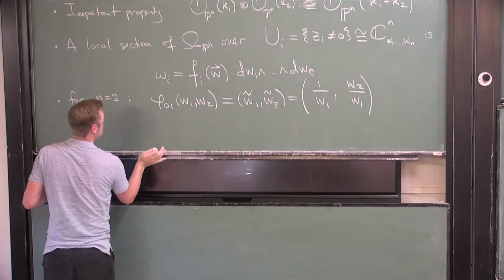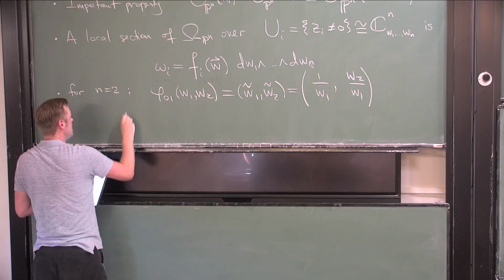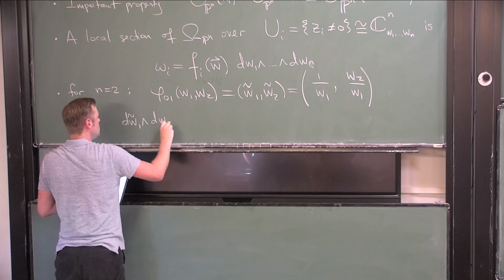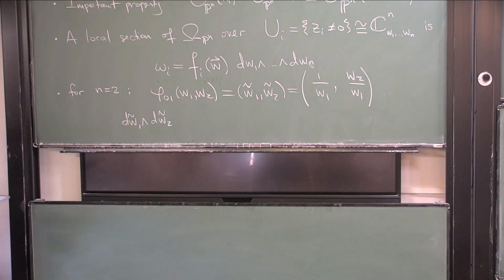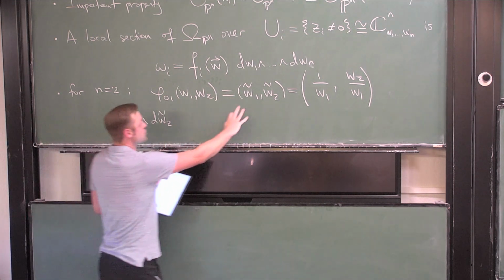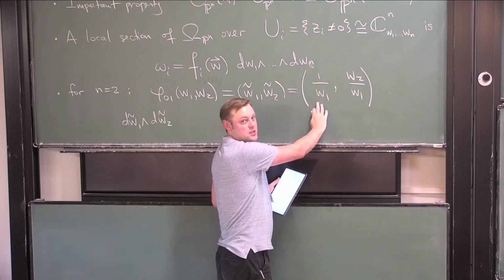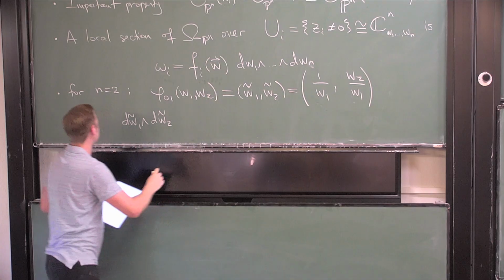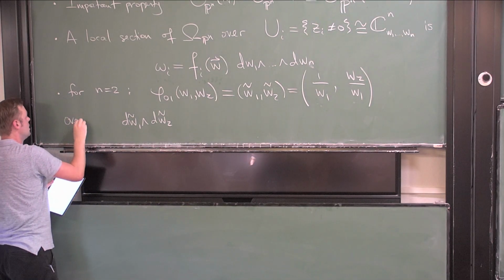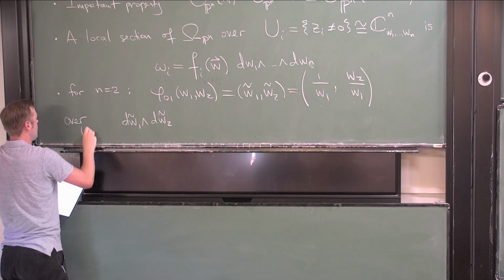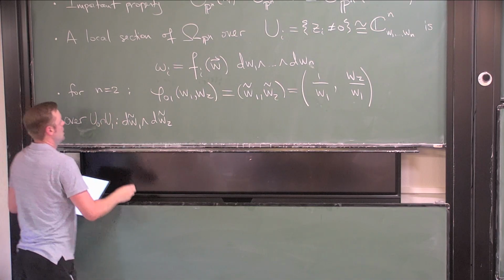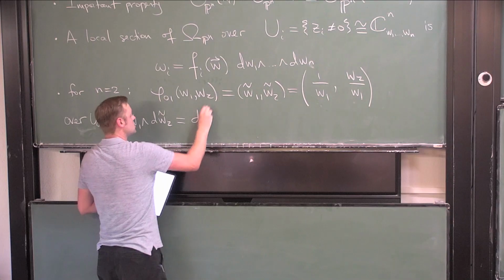And so that means that if I look at this element, dw1 tilde wedge dw2 tilde, I literally can just use their expressions in terms of w1 and w2, so that over the double intersection, U0 intersect U1, this thing is, well, let's just do the substitution.